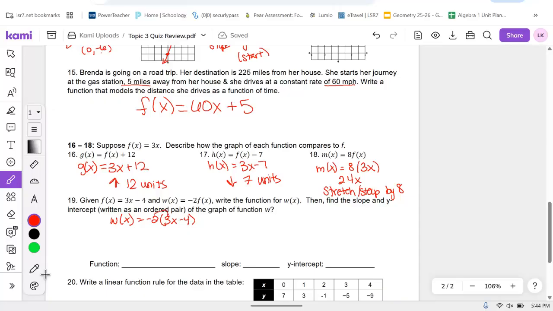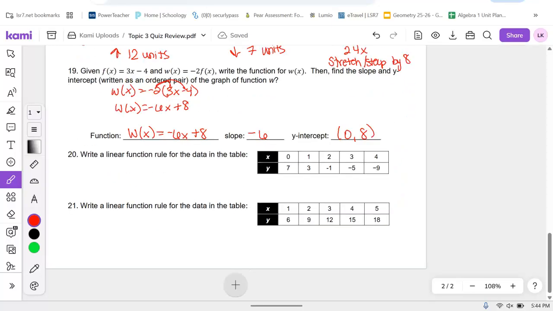Negative 2 times 3x is negative 6x. Negative 2 times negative 4 is positive 8. So w of x equals negative 6x plus 8. So that's what goes here under function. My slope is negative 6 and my y-intercept is (0, 8).